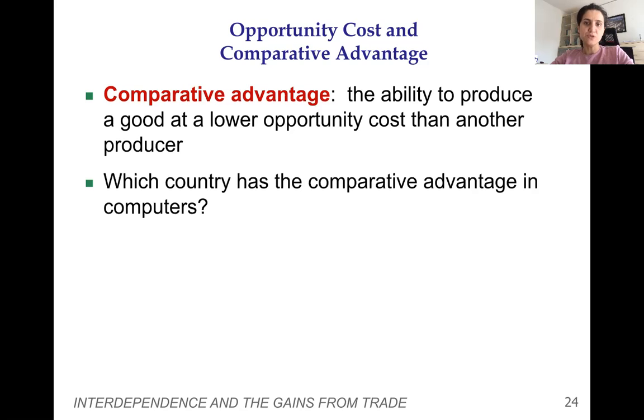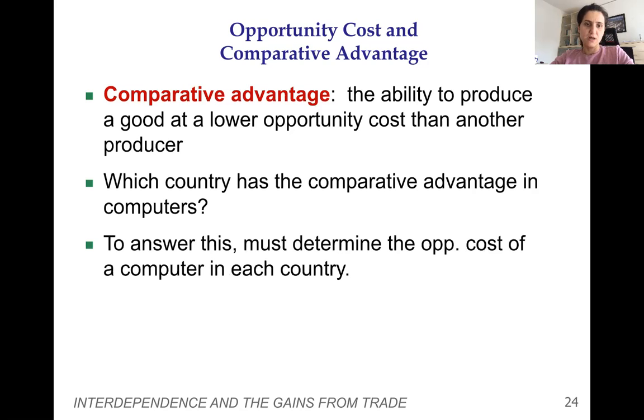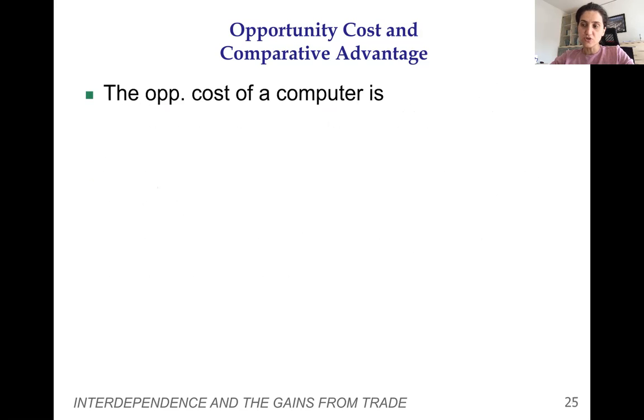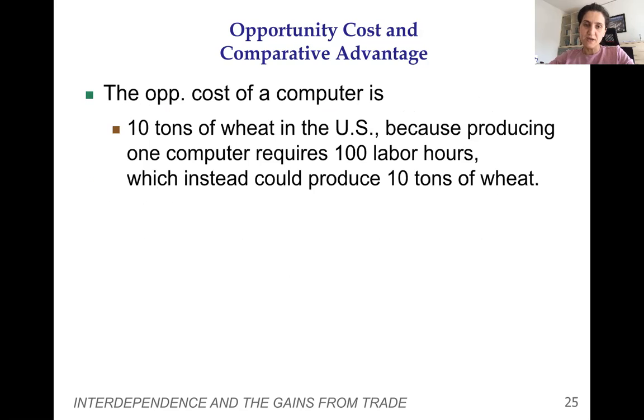Okay, so which country has the comparative advantage in computers? You need to look at the opportunity cost of the computer. As I said, you are going to look at the slope.